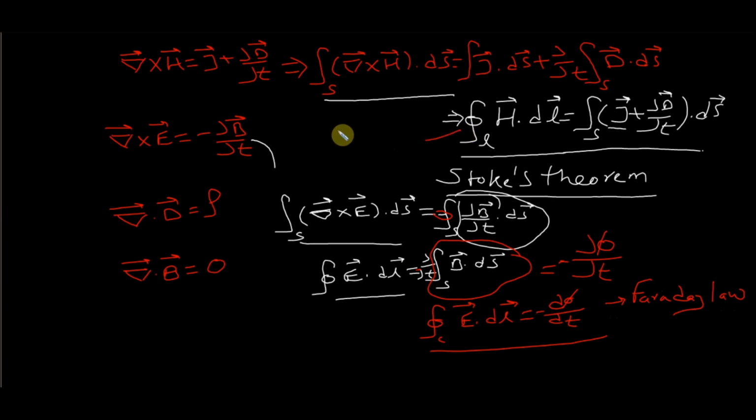And this first equation, given by Maxwell, is also called Ampere's law. So don't get confused: this is Ampere's circuital law, and the second equation is simply Faraday's law.